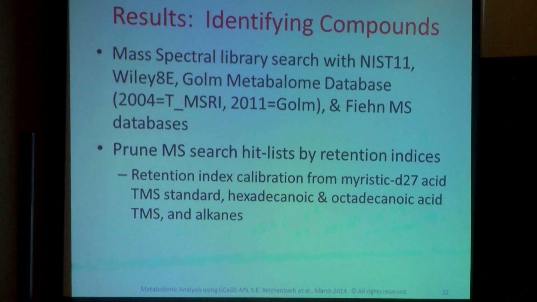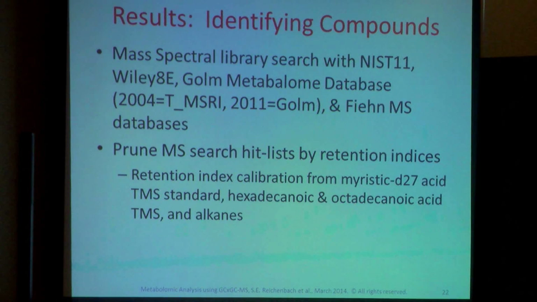So then, for identification, we used several metabolomic databases, the NIST, Wiley, and so on. And of course, the library hits are very unreliable for a variety of reasons, as has already been talked about.